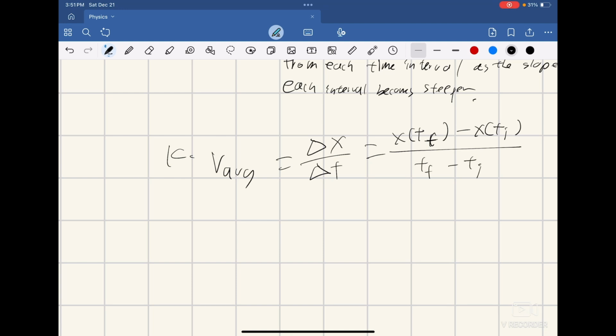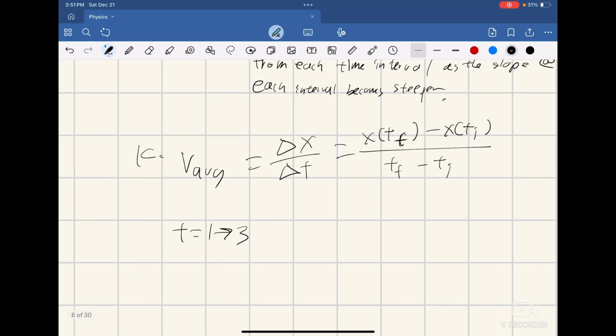Since we're trying to find the average velocity between t equals 1 to 3, v average from t equals 1 to 3 will be given by x at 3 seconds minus x at 1 second, over 3 seconds minus 1 second.